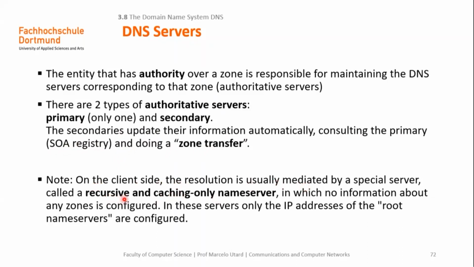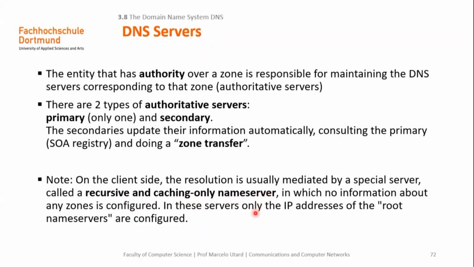recursive and caching only name server. But in fact, often this name server has no authority over the different zones in the DNS, in the internet, in which no information about any zones is configured. If it's a caching only name server, that name server has no authority over a zone.